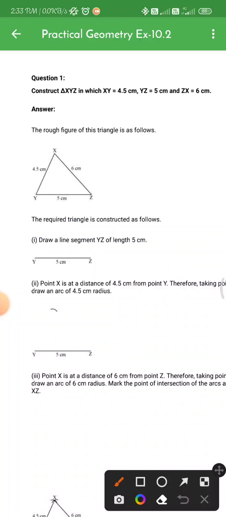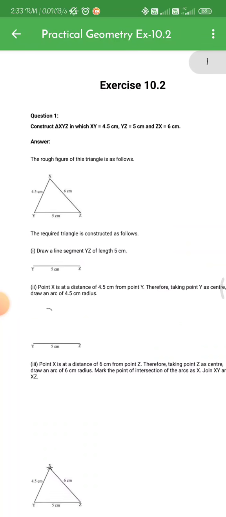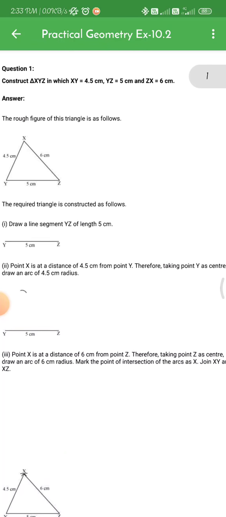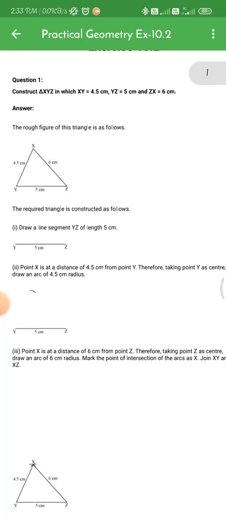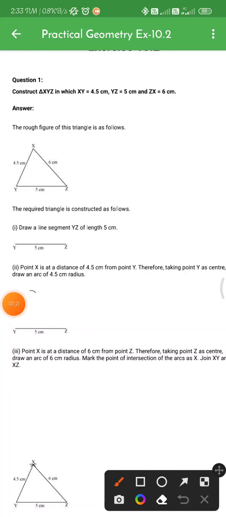Now in the second step, we have the line YZ, which we have already done.